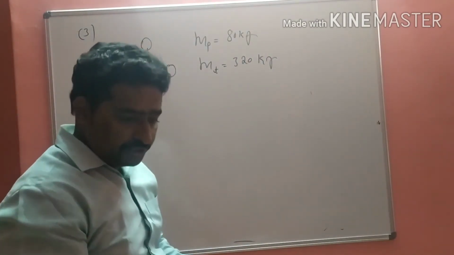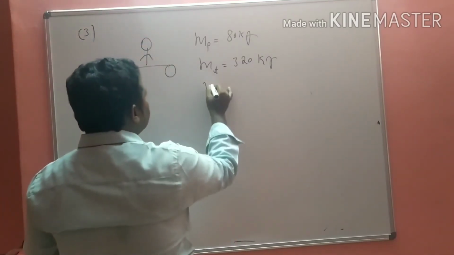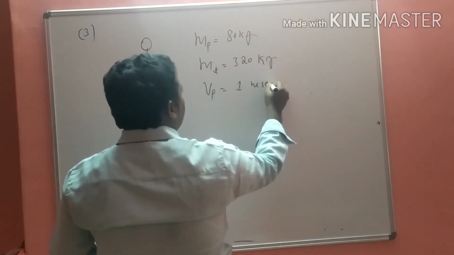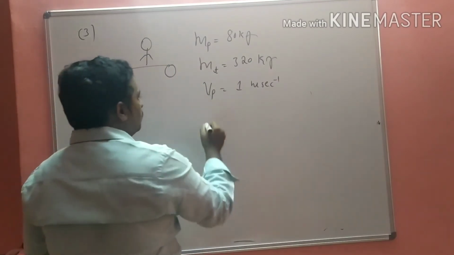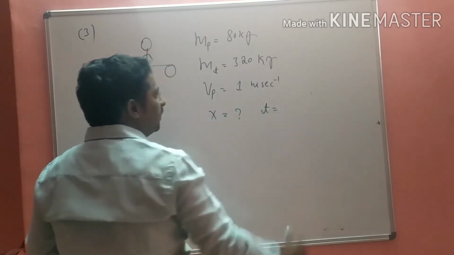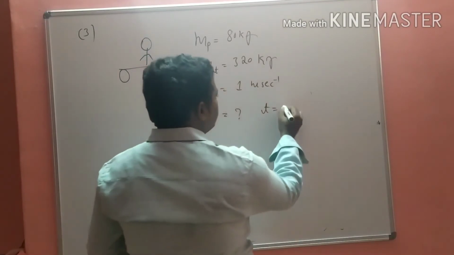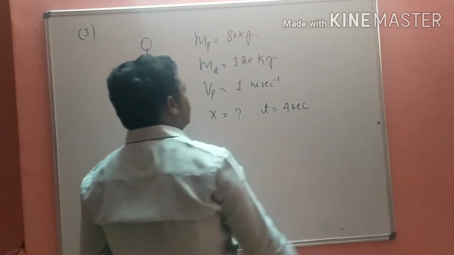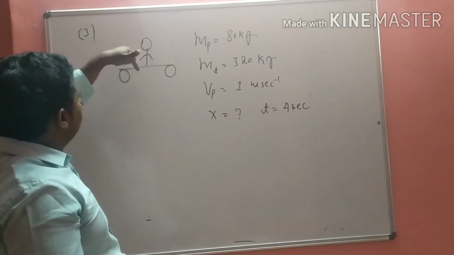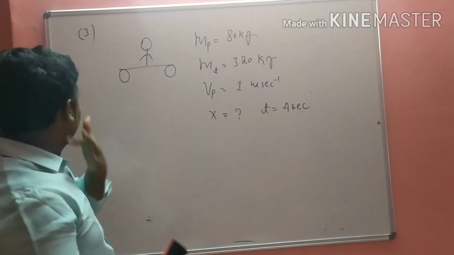The person's speed is 1 meter per second. What is the displacement covered by the man in a time of 4 seconds? Okay, this is the question. So the man is standing on the trolley, and the man's speed is 1 meter per second.